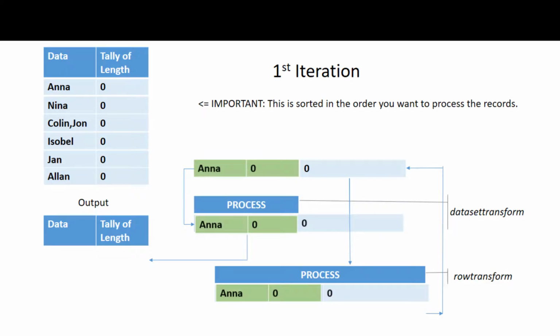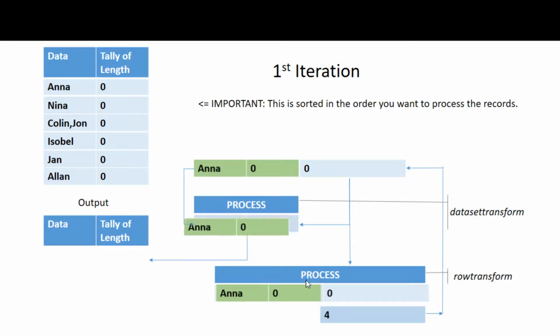Then the output from the dataset transform goes into the output, and the output from the row transform goes in as the next right hand record for the next iteration. And these names, dataset transform and row transform, are used in the ECL reference manual, so that's why I've put the names up there.